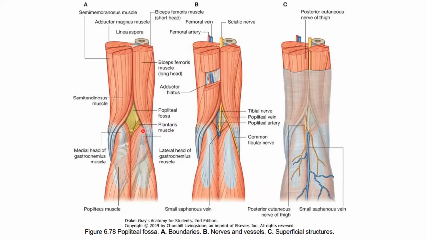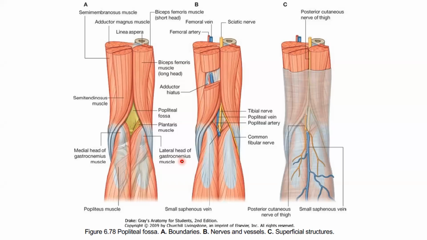In the upper lateral aspect, you have the biceps femoris, biceps muscle, and then inferiorly you have the 2 heads of the gastrocnemius, the medial head and the lateral head. And on the lateral aspect, you also have the plantaris muscle here.